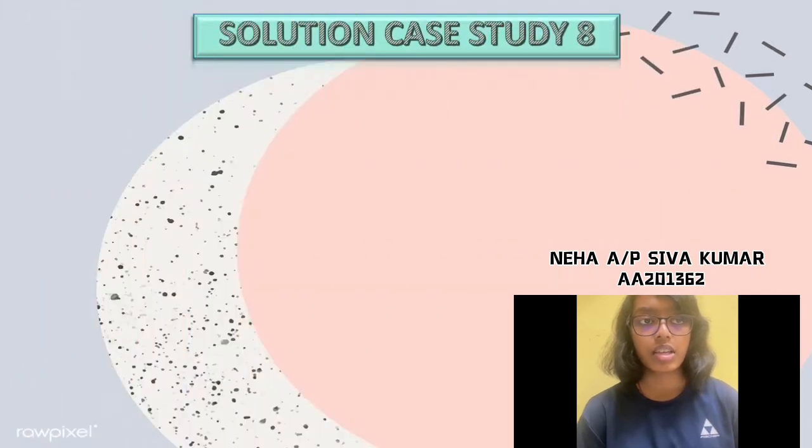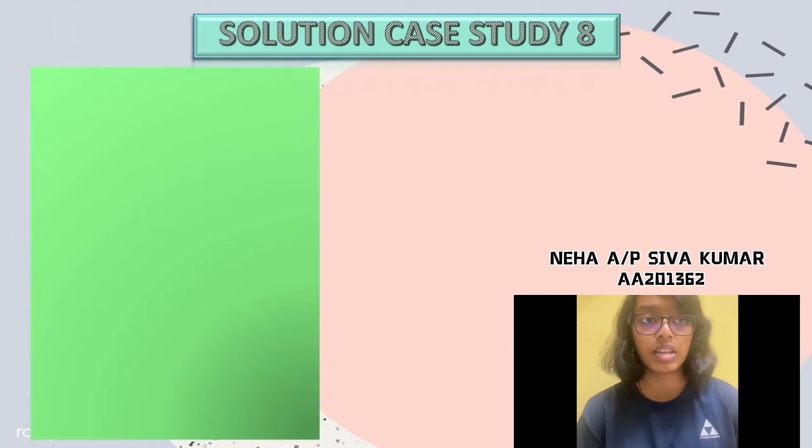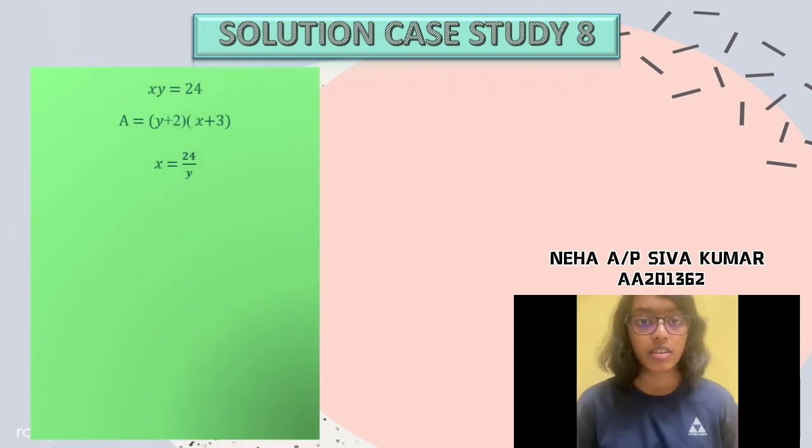Next, for case study 8, the solution is you need to find the size of the page needed. First is to write down the equation for the total area of the surface of the paper. Then using that equation, try to find x.